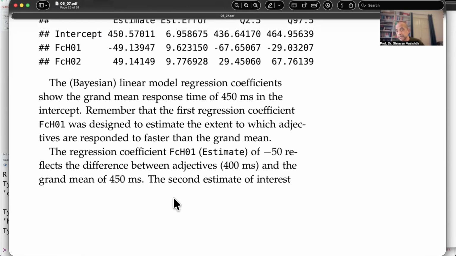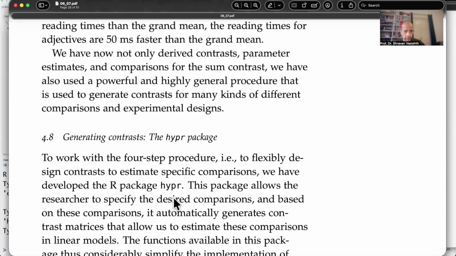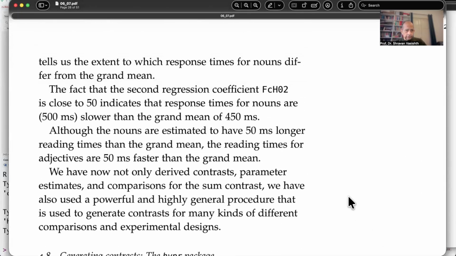So that's the really interesting part of the hypothesis matrix. It gives you the ability to choose your comparisons, right? Okay, so that's pretty much it for the hypothesis matrix.